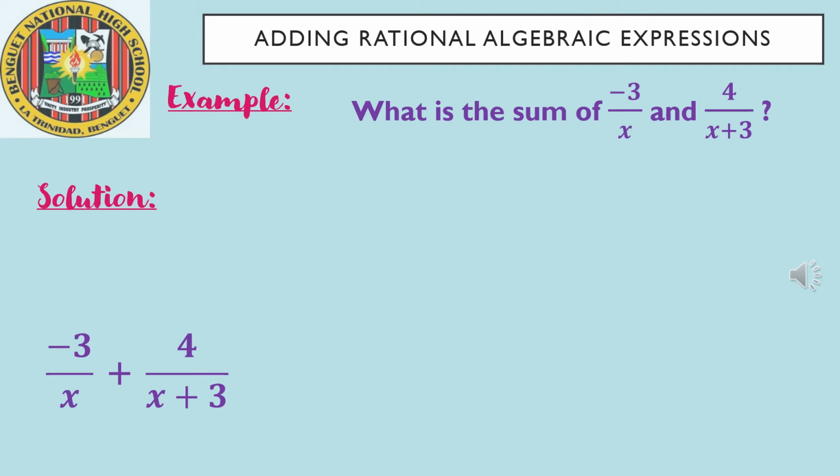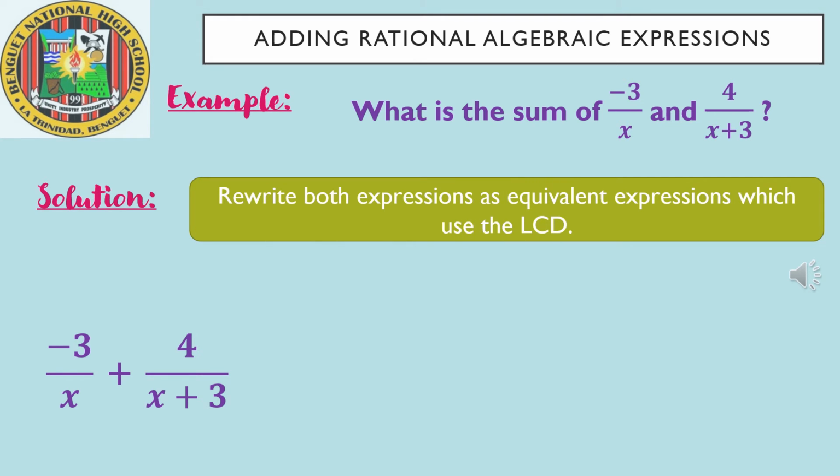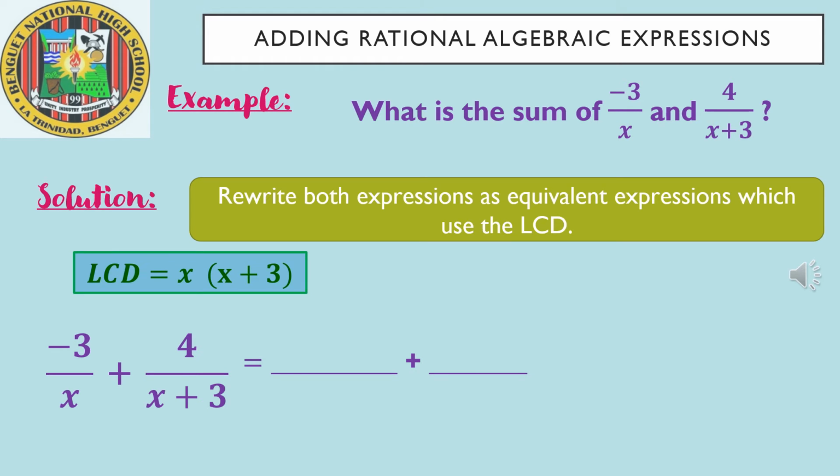Now that we know the LCD that we can use as a common denominator for our RAEs, we now rewrite the RAEs into equivalent expressions which have a common denominator. Remember that the LCD for our RAEs will be x times x plus 3. So we're going to change the denominator of our first RAE to x times x plus 3 by multiplying the factor x plus 3 to the original denominator x.